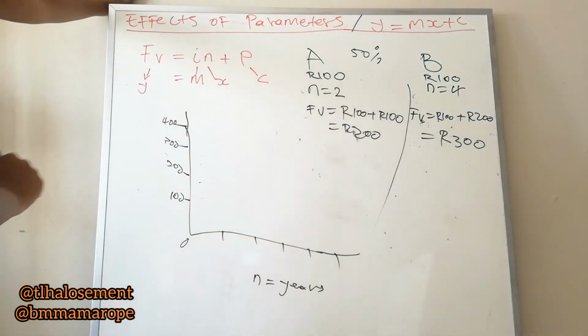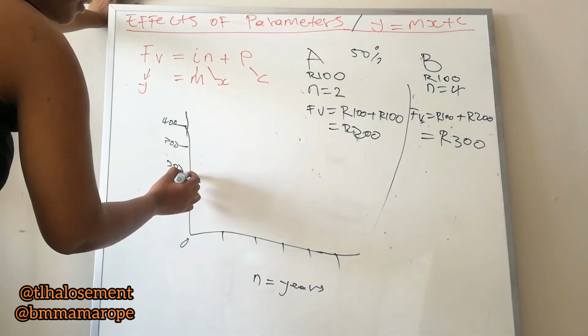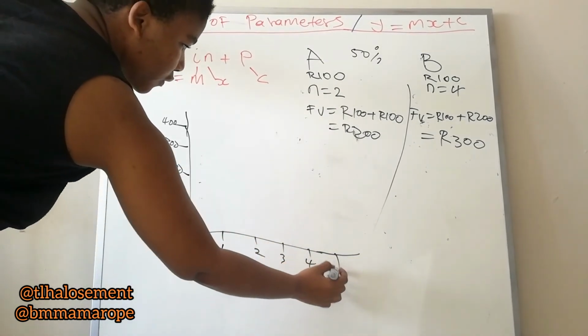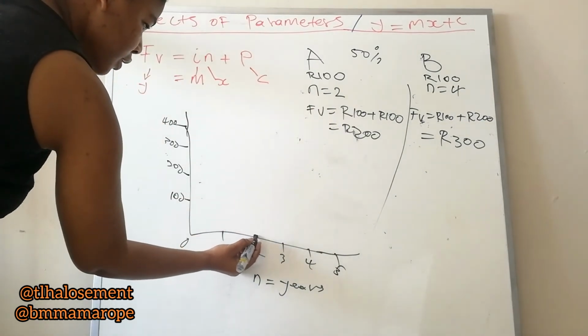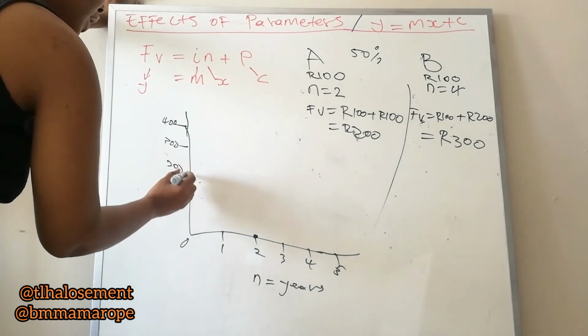So for this person, we have 200 rand. This is their graph. Person A, 1, 2, 3, 4, 5. They left their money for 2 years and they got 200 rand.